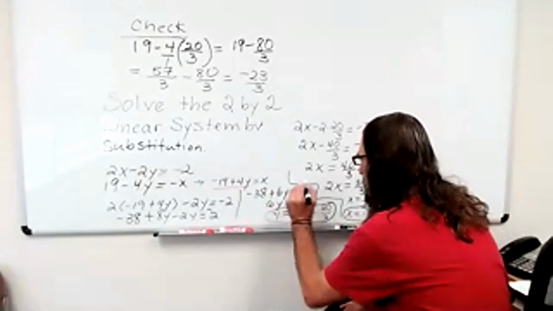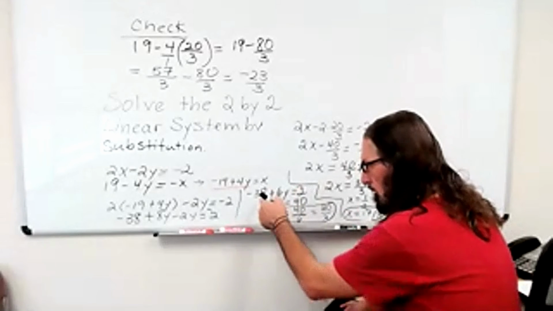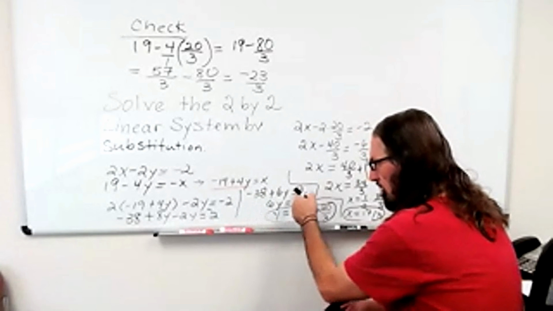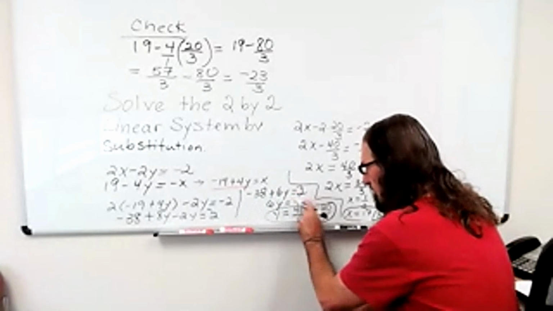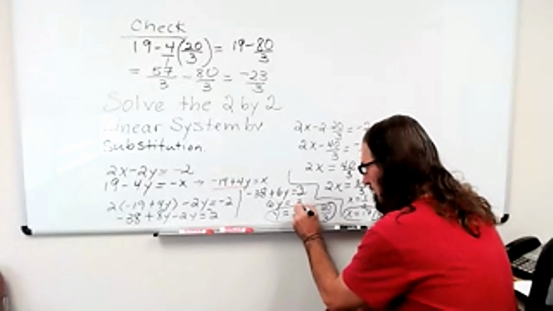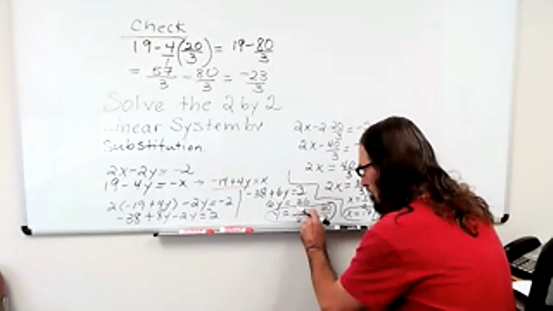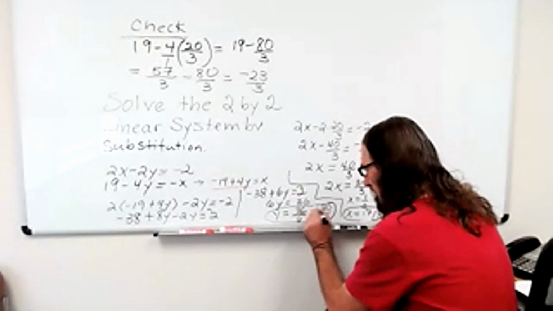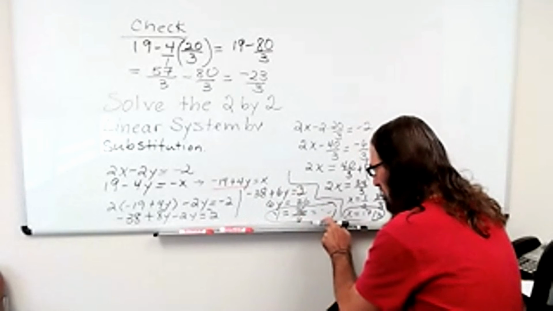So that would be negative 2 here. Adding negative 38 plus negative 2 would give us 36. That's a lot nicer, because when we divide 36 by 6, we've got 6.